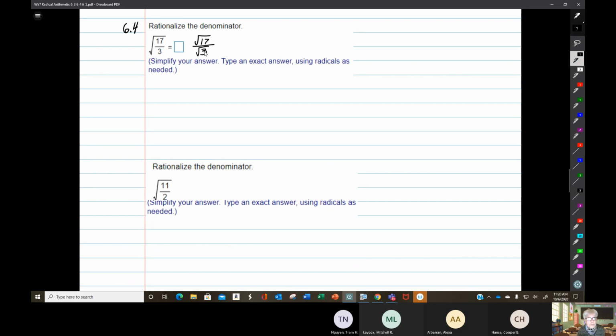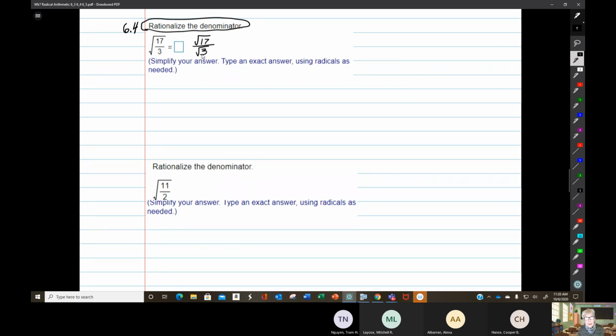Square root, cube root, fourth root, fifth root, sixth root, any kind of root sign in the denominator. So we have to go through a process called rationalizing the denominator. To rationalize the denominator means you make it a rational number and not an irrational number.